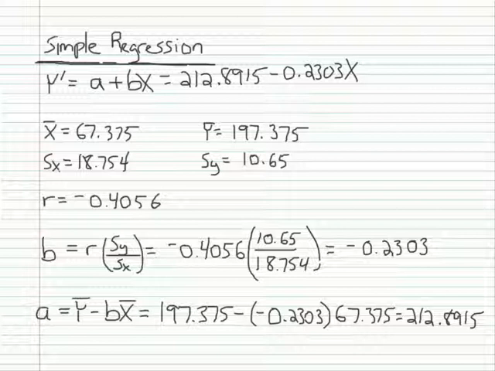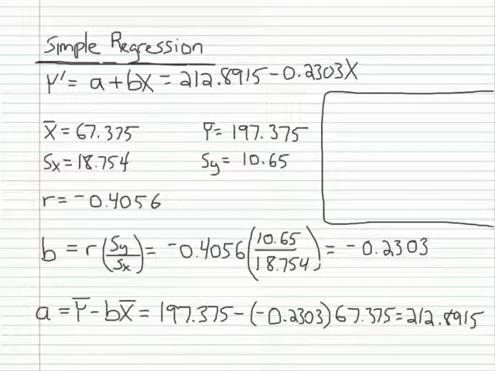Now all we need to do is plug in a value of x, and I'm going to get a predicted marathon finishing time. Suppose I want to see what my predicted marathon finishing time is going to be if I'm running 40 kilometers per week.